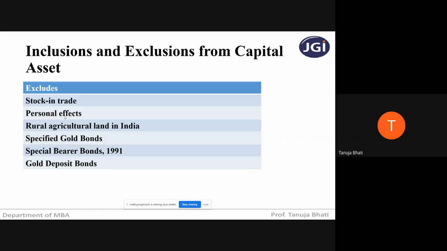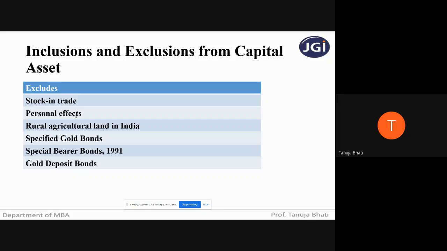So for example, if Aishwarya Rai is selling her personal car, which she's using, will it be taxed under the head income from capital gains? No, simply because it is not falling under the definition of capital asset, because capital asset excludes personal effects. The car is a movable asset and she's using it for her personal use.